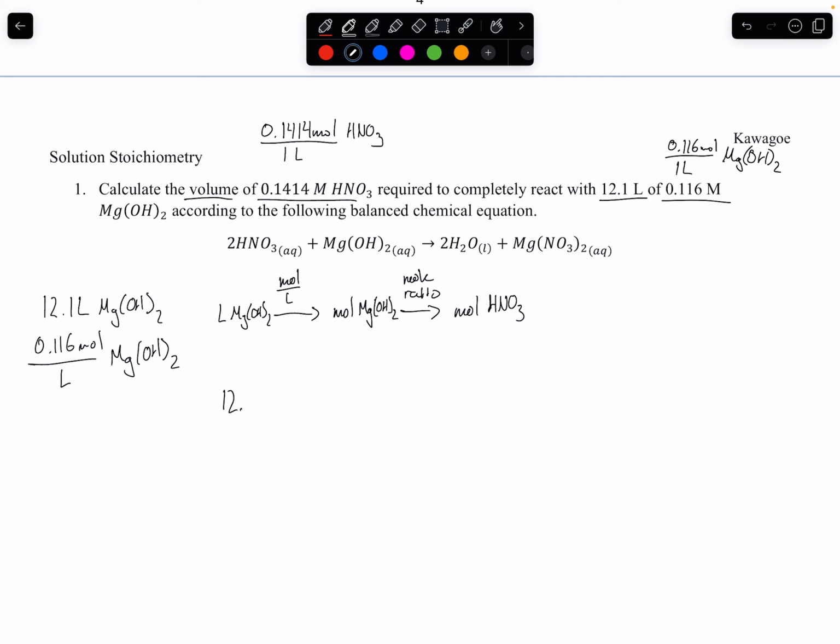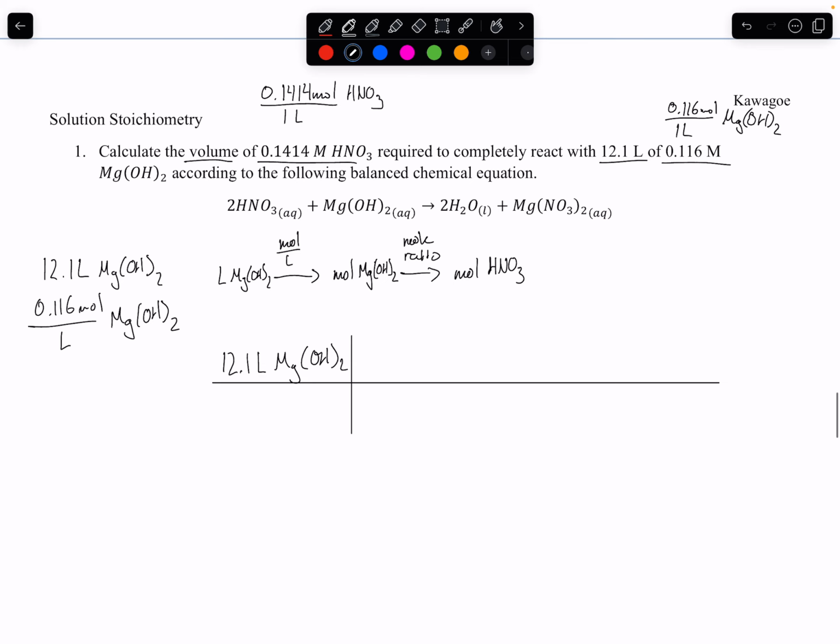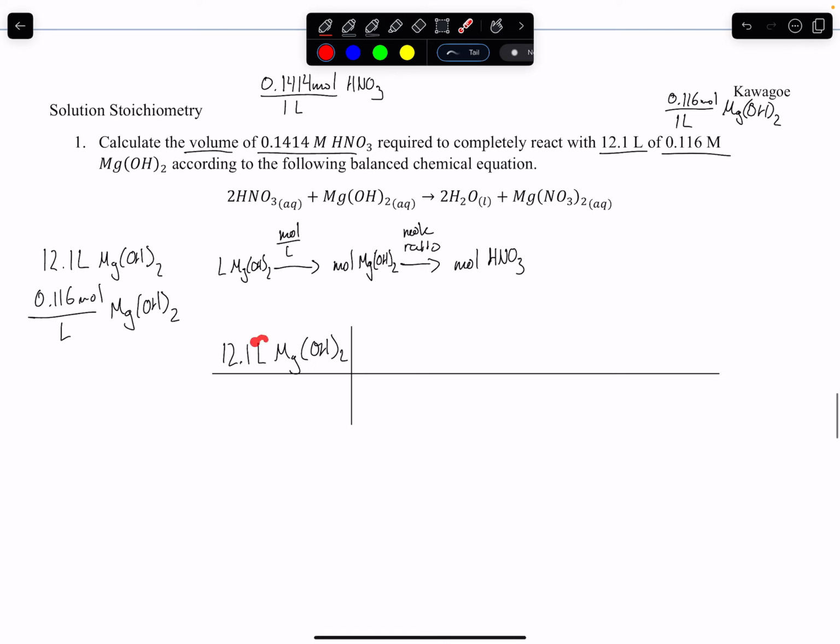So 12.1 liters of magnesium hydroxide. Start setting this up. And then, do I divide or do I multiply? Well, look at my units. I have liters there. So when I take my molarity, my moles per liter, and I want to plug that in here, I know that I'm going to want liters on the bottom because I'm going to cancel that out because I'm looking to get moles.